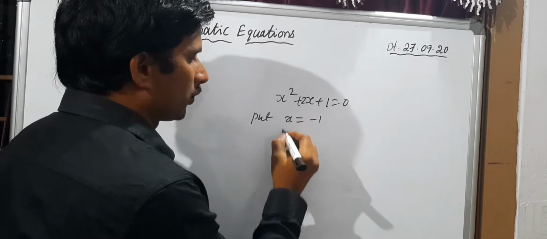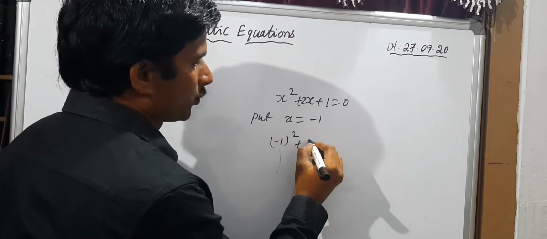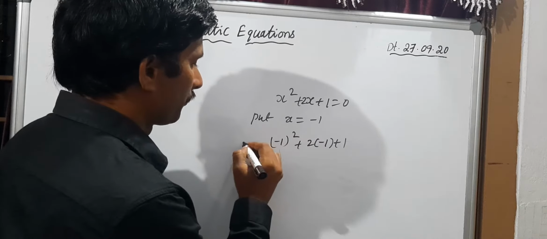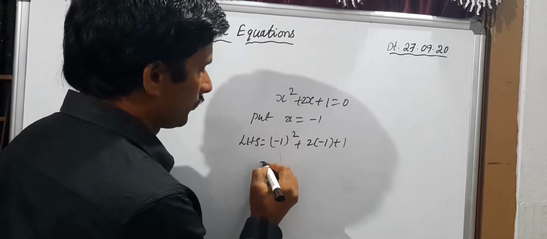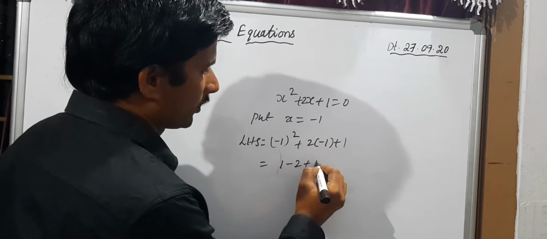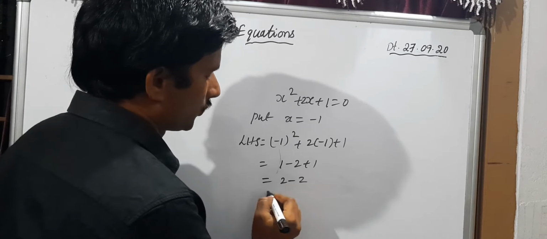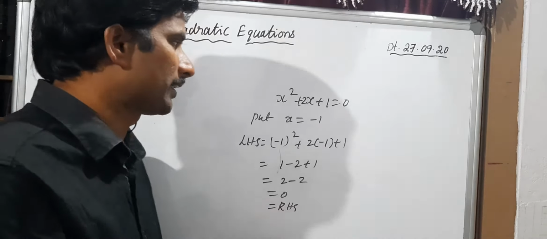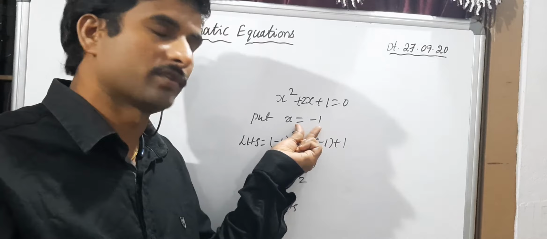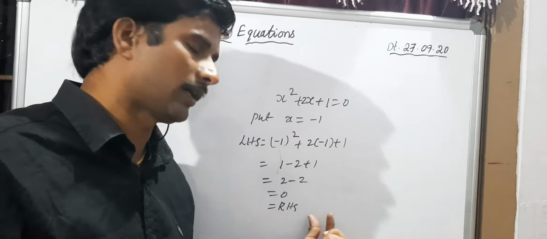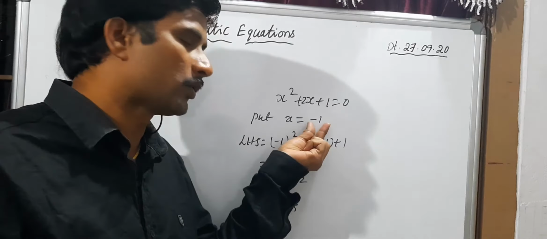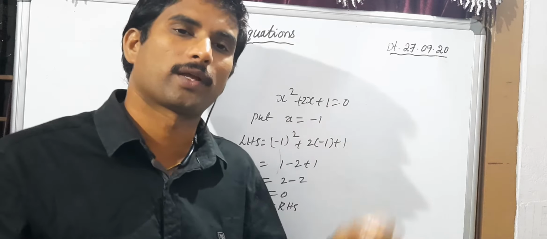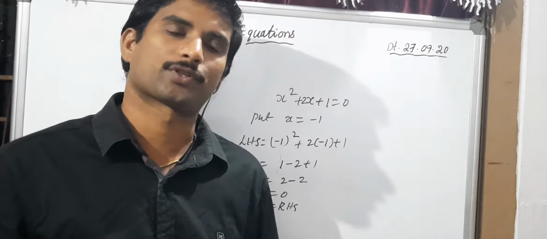Then we get minus 1 whole square plus 2 into minus 1 plus 1. I'm taking the left hand side. Then we get 1 minus 2 plus 1, which is equal to 0, which is equal to the RHS. Whenever x equal to minus 1 is substituted in the left hand side, we get the right hand side. It means x equal to minus 1 satisfies this quadratic equation. So x equal to minus 1 is called a root of the quadratic equation.